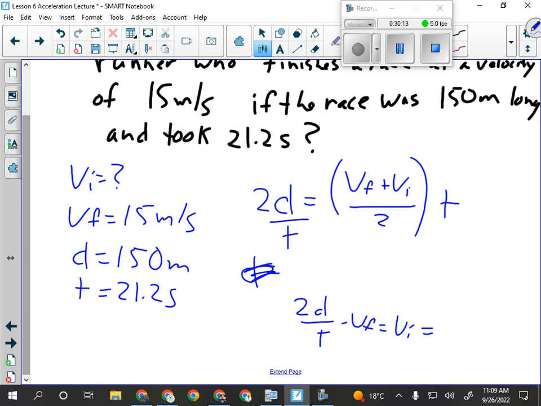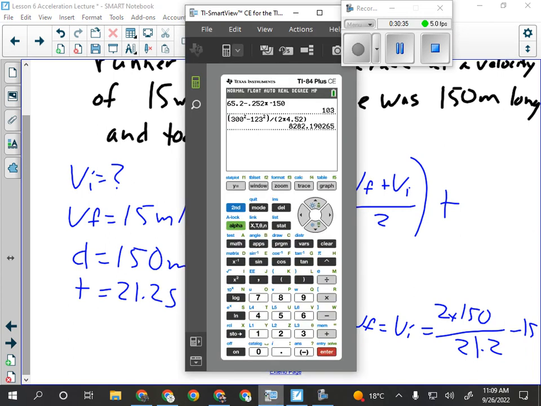So that'll be 2 times 150 divided by 21.2, and then we will subtract from that our 15. So 300 divided by 21.2 minus 15.